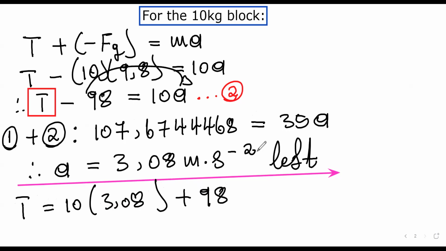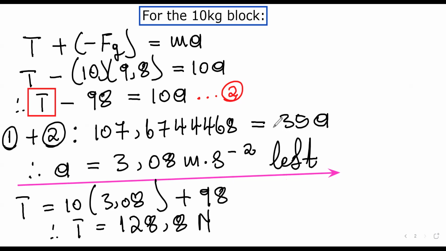So I took the 98 to the other side, it becomes positive. And so 10 times 3.08 plus 98. Well, then you find that the tension will be 128.8 newtons.